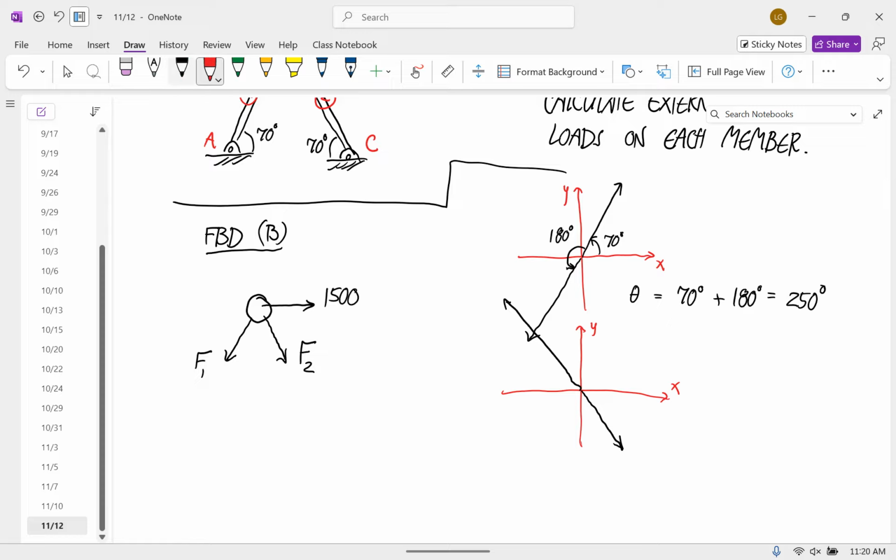So our angle is equal to 180 minus 70, and now we're at this one pointing to the upper left. Then I'll add another 180 to get the one going to the lower right. So that theta is equal to 290. You could also just call that negative 70.